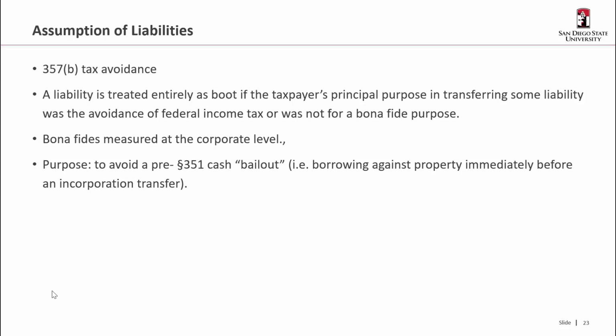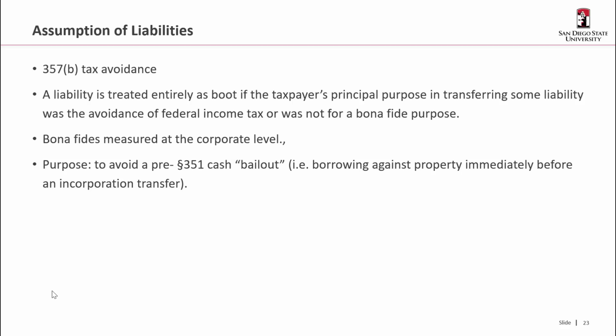Okay, so let's say that I have a building and I'm about to contribute it to a corporation, and that building is subject to or is not subject to a liability. Well, I know that one of the things that happens is under 351, if I get back anything but shares, I have to recognize gain, right? Because if I get cash back, for example, that's treated as boot.